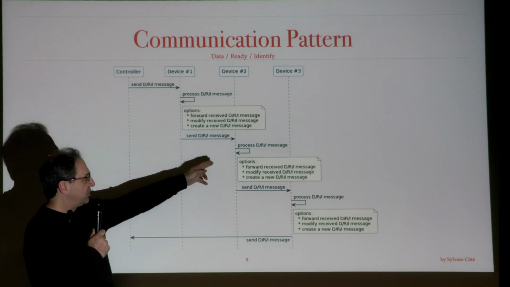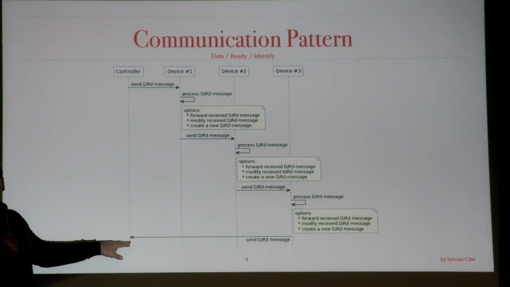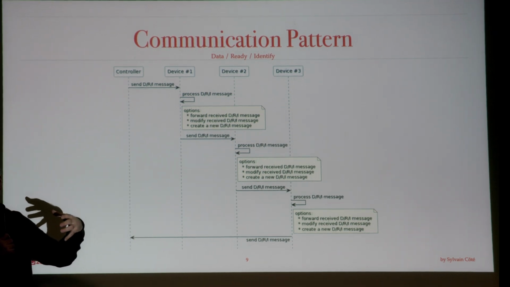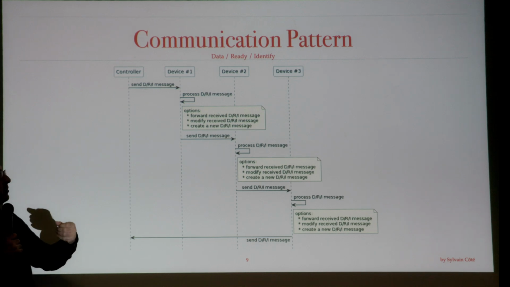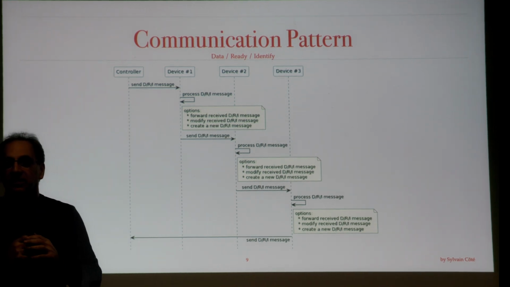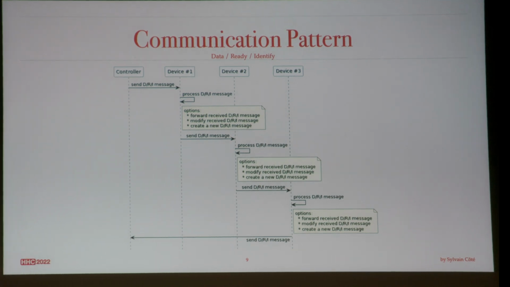And each one will do the same, and the same message will come back to the controller. So that's the pattern. It's going to be different for each type of message, but each message is part of either a data, a ready, or identify message. So with that, it will always be in the same pattern.